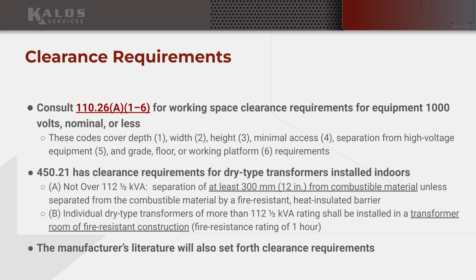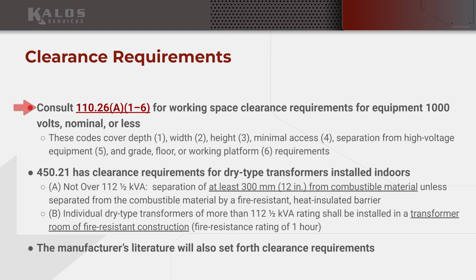We also need to observe working clearance. So even if you install a transformer above a drop ceiling, you still need to follow working clearance rules. Article 110 of the National Electrical Code, 110.26, is where we can find information regarding clearances around electrical equipment.